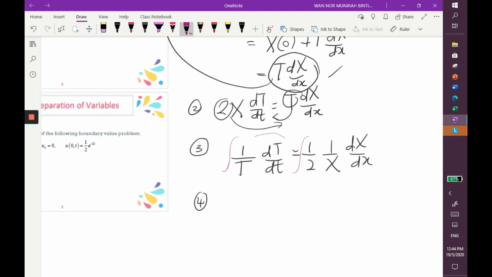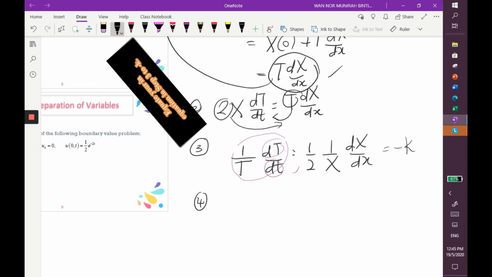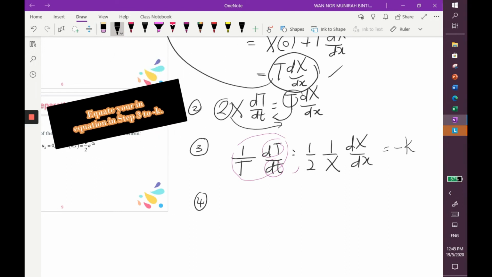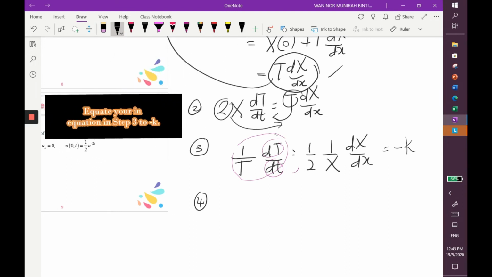This is weird because when you try to integrate, you have 2 dt dt here. So the additional step in step 3, after you separate the variables, is that you need to equate your equation to negative k. Equate to negative k. Then only you can solve for integration.